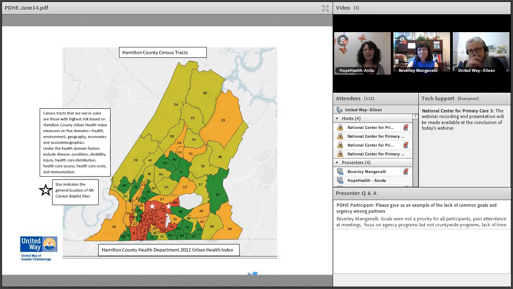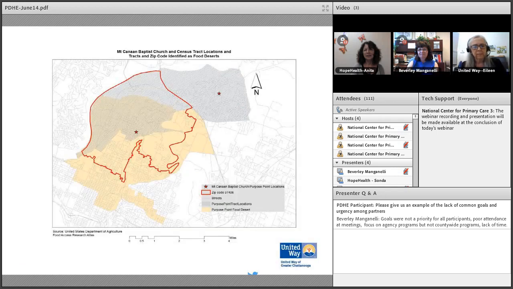Sure. And again, I'm the mapper, but I got this from the health department, and where the little stars are, that's where Purpose Point will be working. The red areas are the areas, it's called an Urban Health Index, a number of factors. And again, the diabetes issue is one of many factors that contribute to the continuation of chronic health disease.